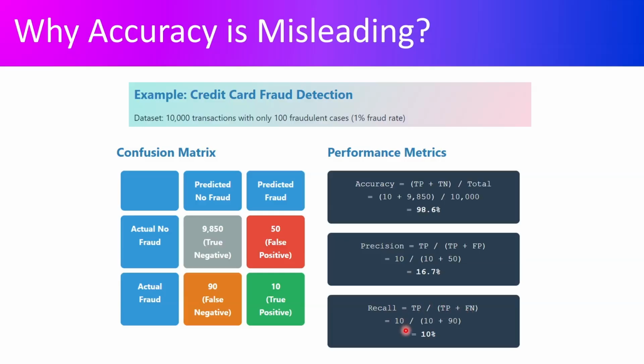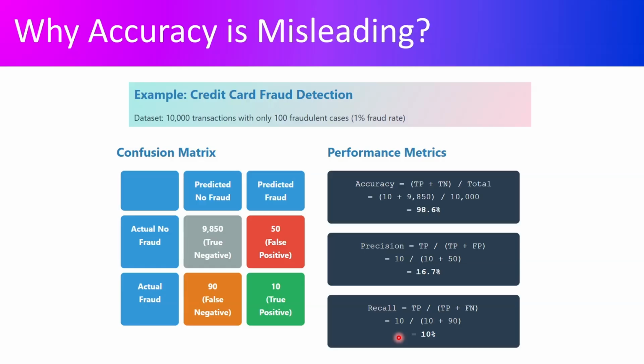Here we have 10 true positives and 90 false negatives. So 10 divided by 100, which is around 10%. What recall tells us is, of all the actual fraud cases, how many did we correctly identify? We had around 100 fraud transactions, and out of those we were only able to identify 10, giving a recall of around 10%.